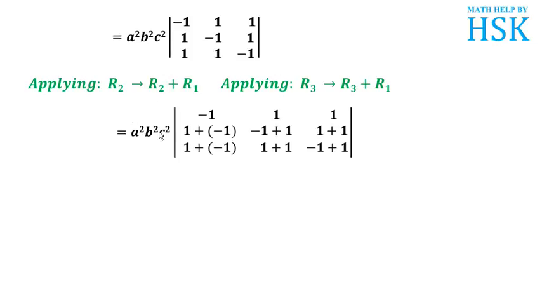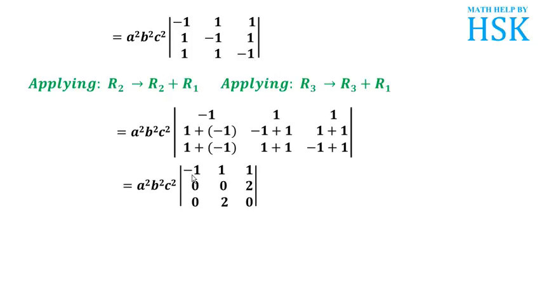So applying the properties, I'm going to get a square, b square, c square into the first row as it is. The second row will be 1 plus minus 1, minus 1 plus 1, and 1 plus 1. And the third row will be 1 plus minus 1, 1 plus 1, minus 1 plus 1.